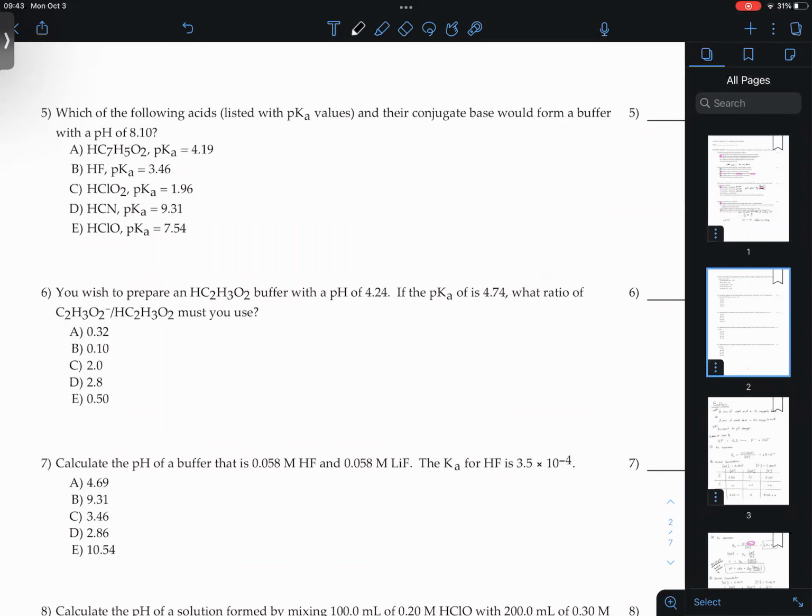Okay, remember the rule, pKa plus or minus 1 unit. So there's only one up here that would satisfy that rule. If my pH is 8.10, I would have to use this one here because that's the only one where that pH is within plus or minus 1 unit of the pKa.